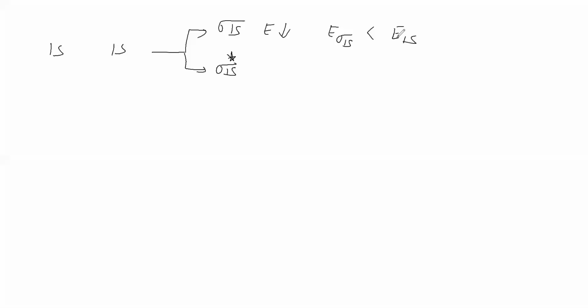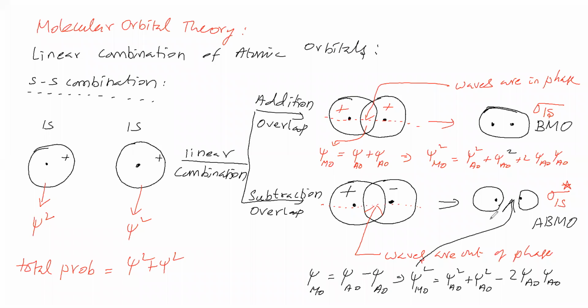Next, we take the anti-bonding molecular orbital. Here the probability in this molecular orbital is less than the total probability. Therefore, this situation leads to instability, and the stability is less than these two atomic orbitals.